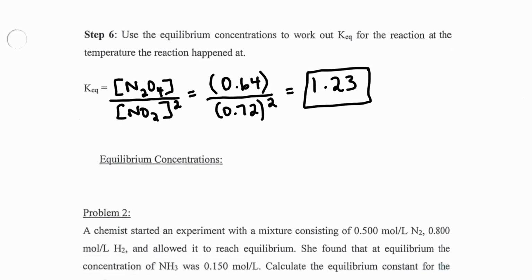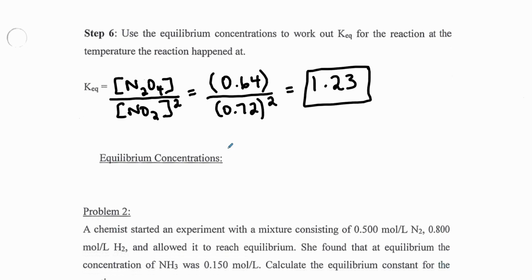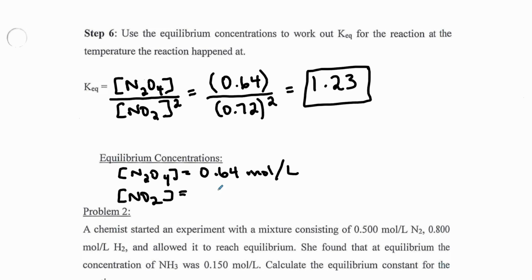Okay, so equilibrium concentrations, you've already stated those in your ICE table, but just to state them again, the concentration of N2O4 at equilibrium was the 0.64 mole per liter, and the concentration of NO2 at equilibrium was the 0.72.